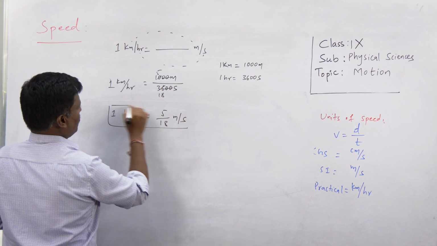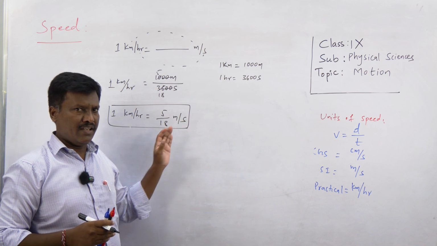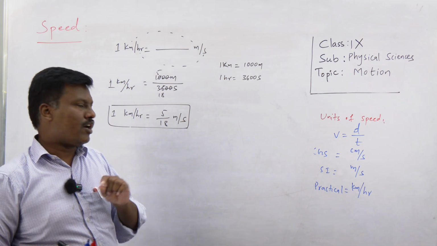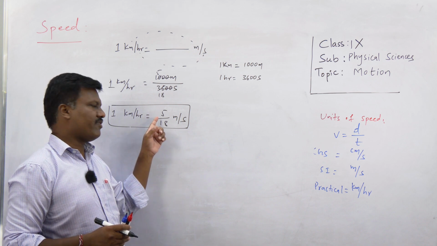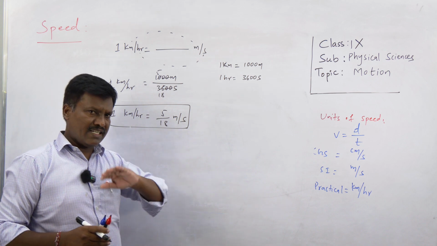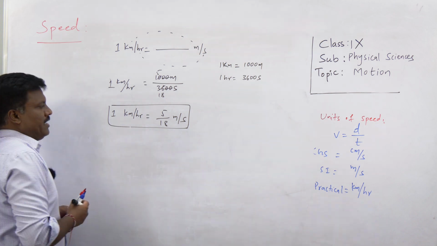This you have to remember. If you want to convert kilometer per hour into meter per second, we have to multiply the given number by 5 by 18, so that it is automatically converted into meter per second.